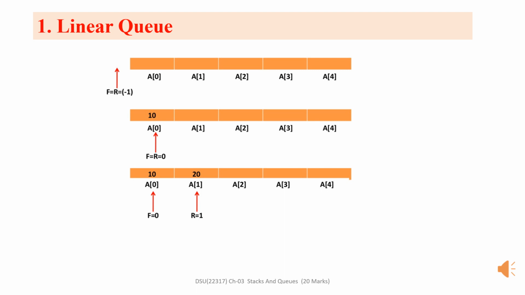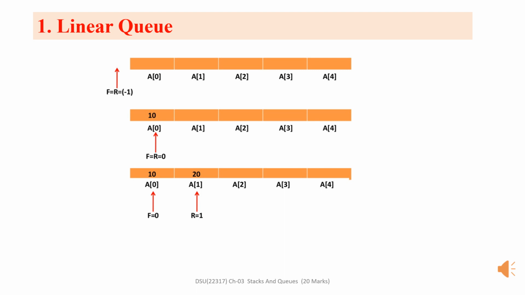After inserting a new element, rear becomes 2, meaning rear is incremented by 1 again. After inserting the third element, rear increases by 1.